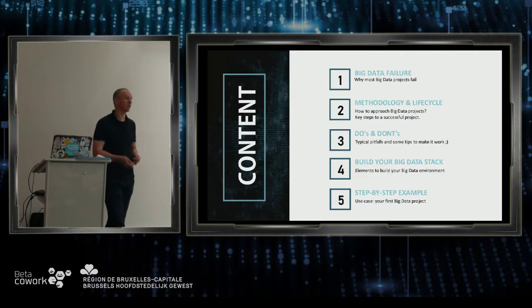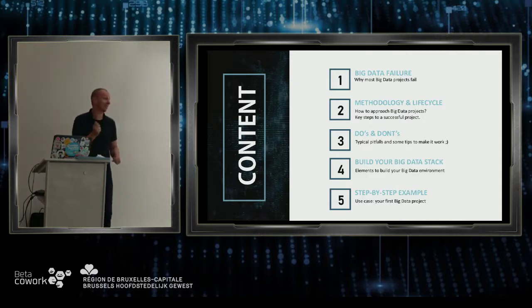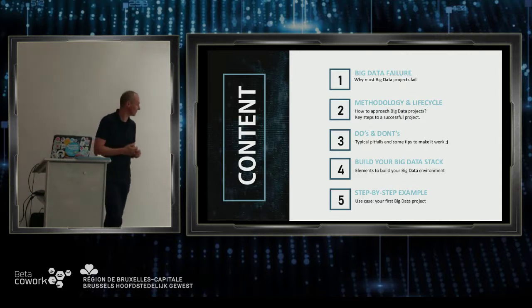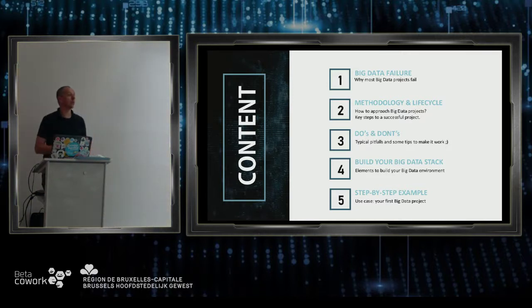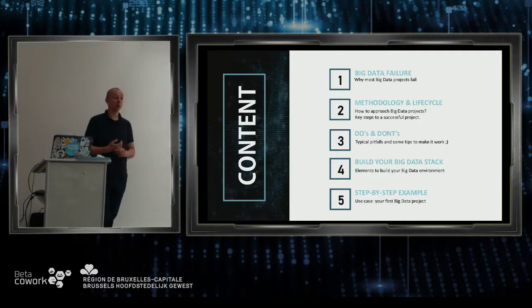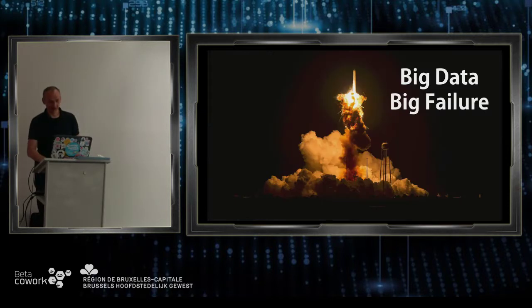Don't do it the other way around. We have a hammer, a tech stack, and now we're just looking for a nail, and everything looks like a nail. So we're going to address problems that we shouldn't be addressing. And then a step-by-step example, which is based on the real estate prices in Berlin, and a big data model to see what is determining the prices of rent in Berlin.